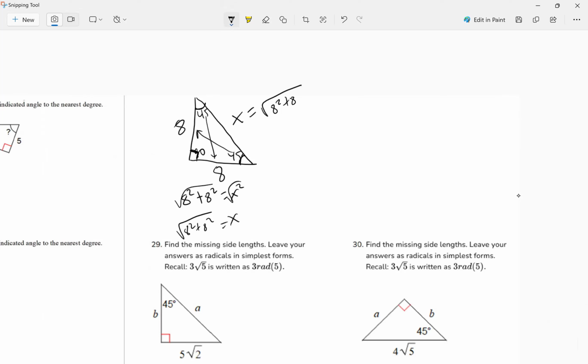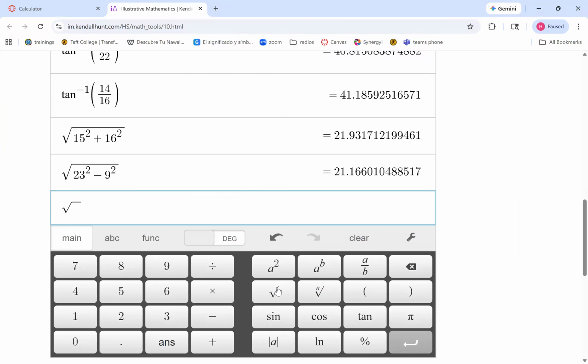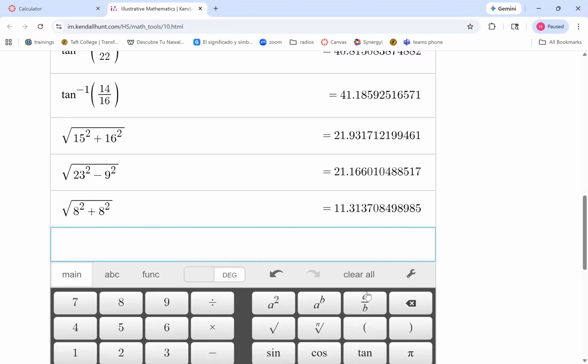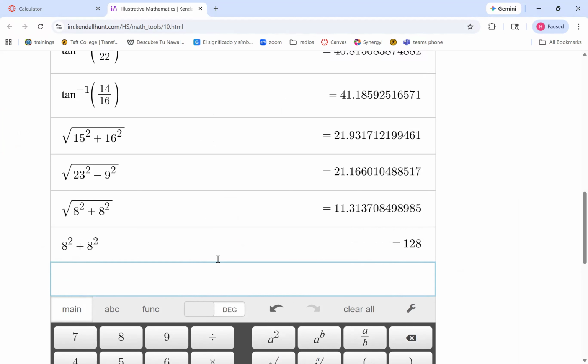I'm going to type it on my calculator: the square root of 8 squared plus 8 squared. And it gives me a decimal. I'm like, okay, that's not going to help. So what if I don't deal with the square root? What if I just deal with 8 squared plus 8 squared? And it tells me that's 128.